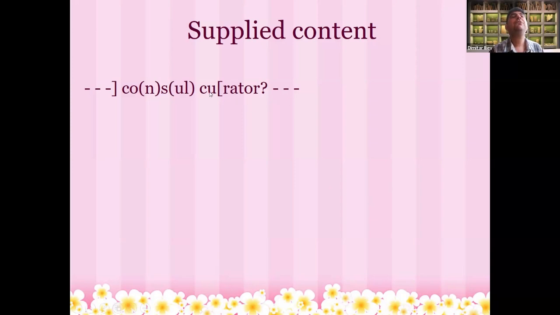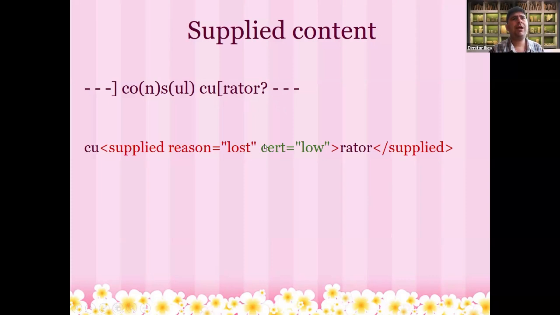So we supply this missing text as curator, but we still want to say that we're not 100% sure about this. So supplied reason lost, certainty low. Actually, if in this presentation we have something other than certainty low, I will strongly advise you to use certainty low. We will see. And this visualizes with a question mark accompanying the supplied string of letters that we restore as missing.